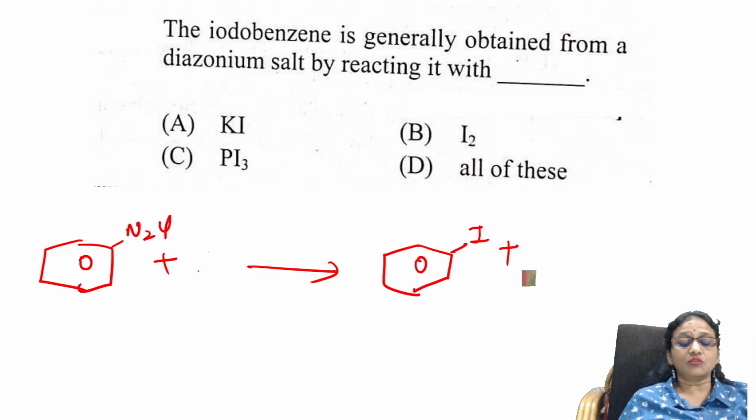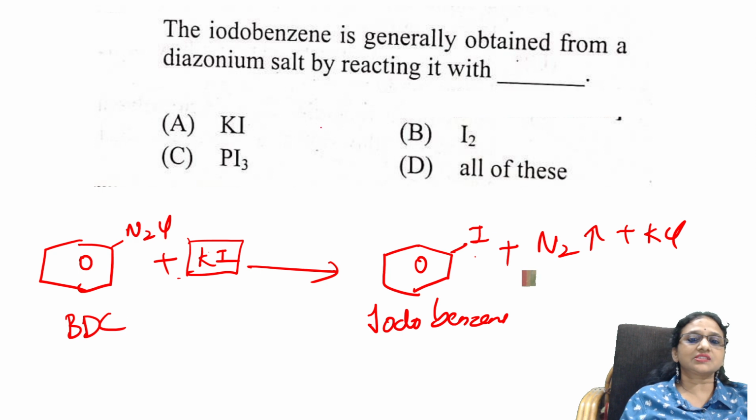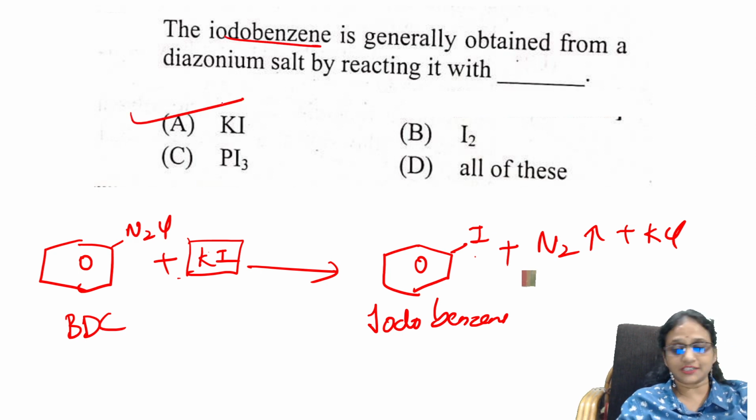What if you react here? You will get iodobenzene. Simple. I will take potassium iodide. Yes, so iodine goes and replaces the chlorine. I get iodobenzene. Nitrogen gas is out and KCl is here. That's all. So this is your iodobenzene. So to get iodobenzene you'll use potassium iodide. Easy.